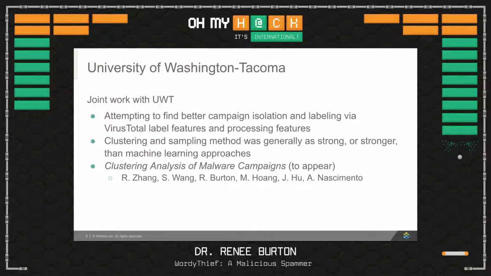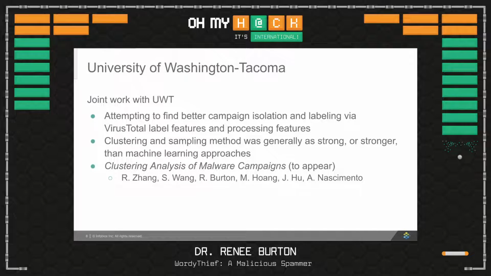Okay. So we've been using this in our workflow, as I said, for quite a long time. There are other ways in which we use very similar types of graph processing in order to understand and reduce the analytic burden of large volumes of data. This one is particularly effective for threat research. We worked with University of Washington Tacoma and their graduate program to try and find a better way to isolate these.